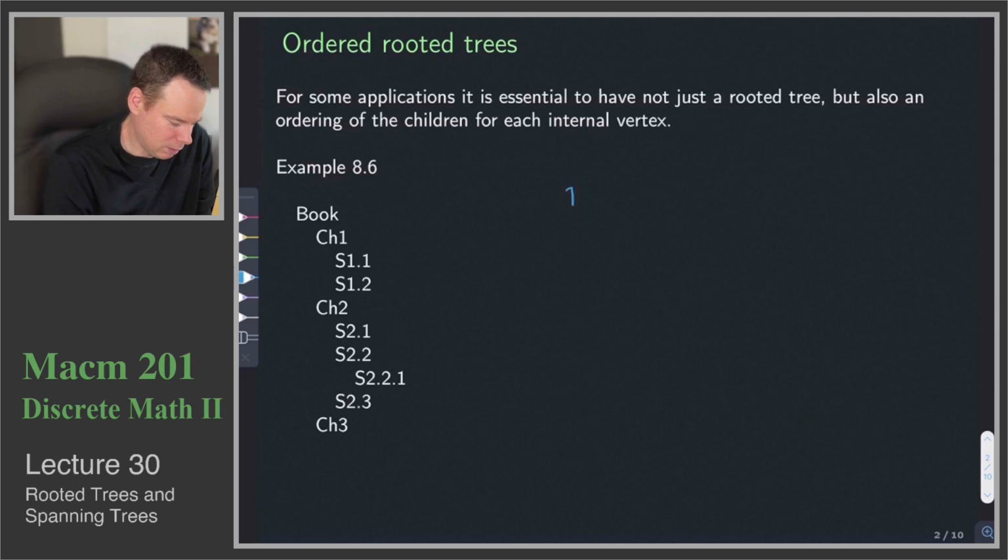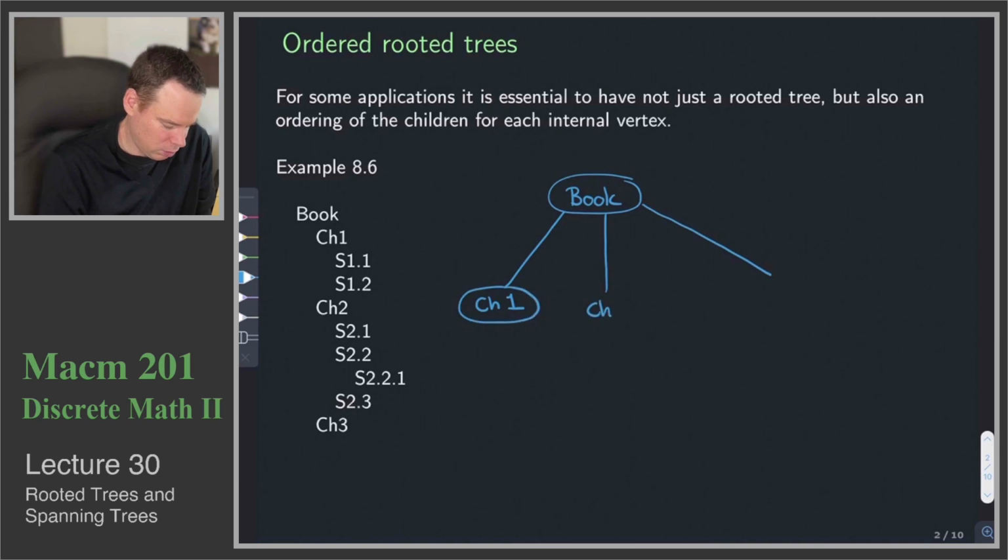We can visualize this as a rooted tree as follows. So there's our root. It's a book. Now at the topmost level, the book consists of 3 chapters. There's chapter 1. There's a chapter 2. And there's a chapter 3.